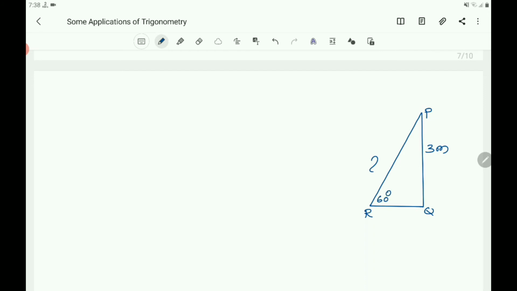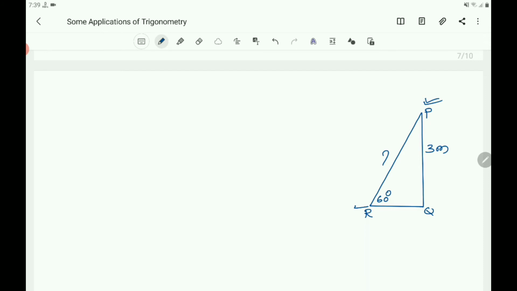The angle between the bottom of the slide and the ground is 60 degree. Here PR is a slide. P is the top of the slide and R is the bottom of the slide, and PQ is the height at which the top reaches.